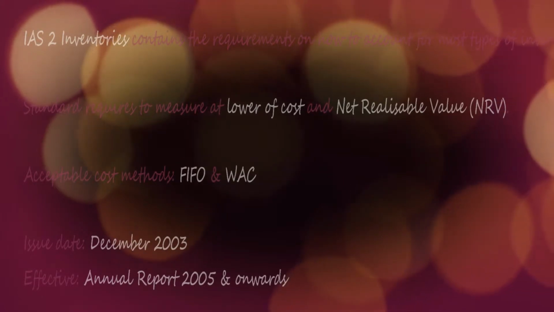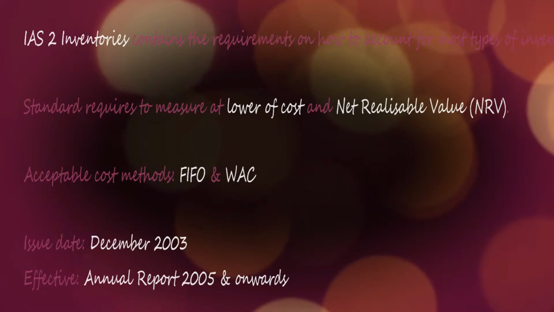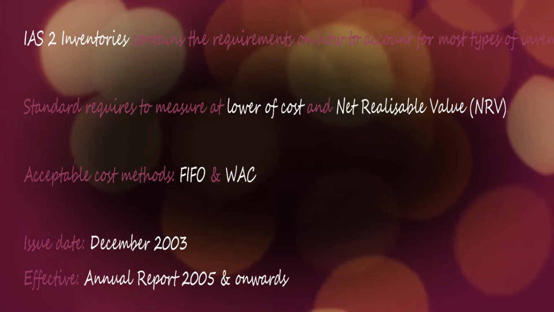IAS 2 Inventories contains the requirements on how to account for most types of inventory. The standard requires inventories to be measured at the lower of cost and net realizable value, which is NRV.